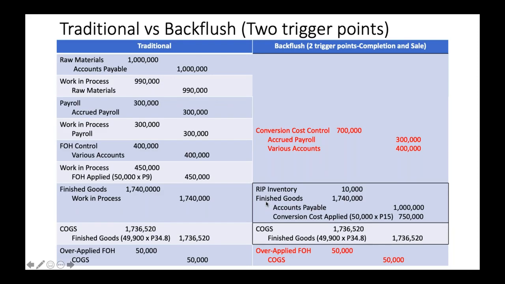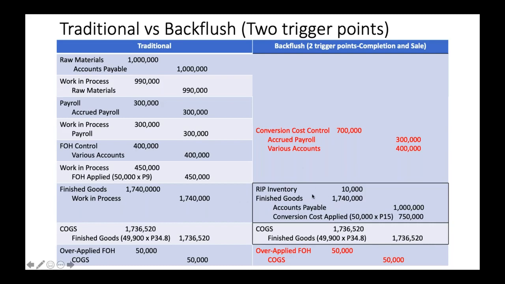Okay, so upon completion, we understand that 50,000 units were completed. So therefore, 50,000 times 34.8 is 1,740,000. Okay? But the total amount of raw materials inventory that we received is 1 million and we have to pay for it.